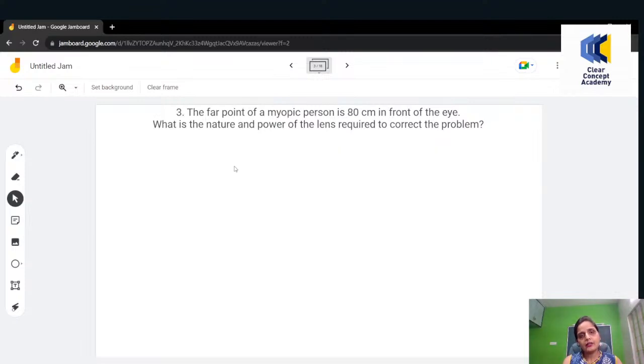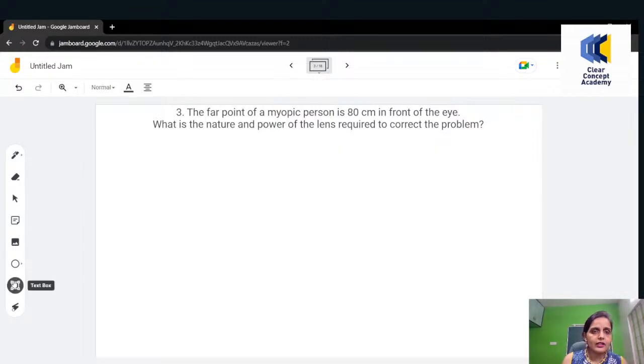And due to the defect, the shifted far point is treated as the image distance. So the far point of the healthy eye, which is infinity, is the object distance, whereas the changed far point of the myopic person is the image distance, and using this information you are supposed to solve such problems.